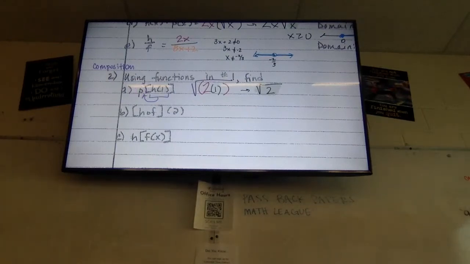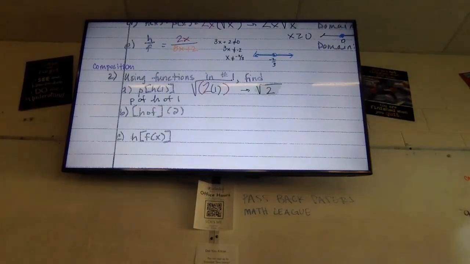Okay. Also, the way I read what we just did is P of H of 1. So we're doing the P function on the outside, then the H function, and then on the most inside is my 1 for X. That is the same way I read the next one. This is H of F of 2.